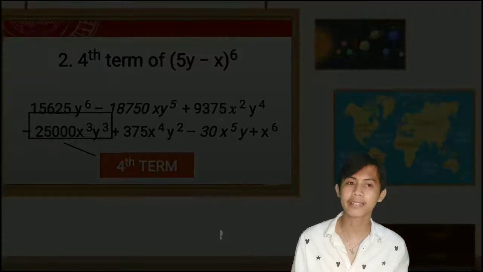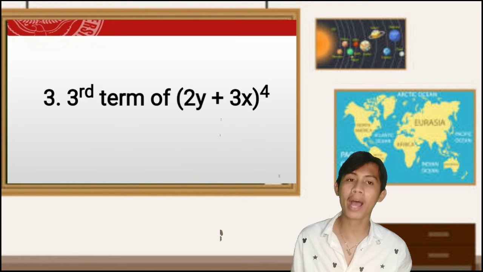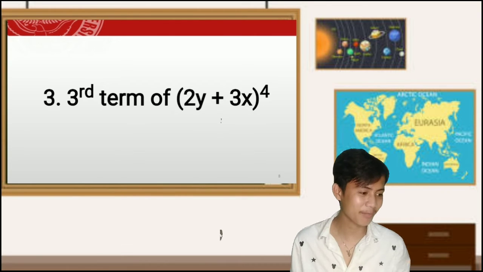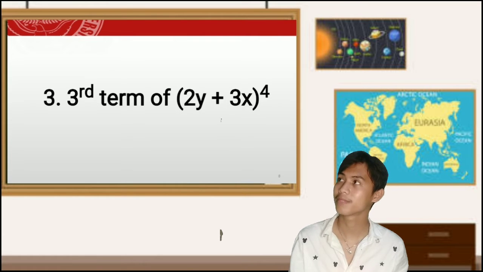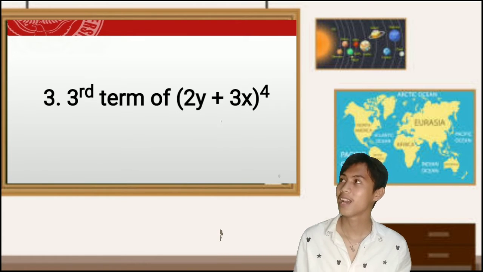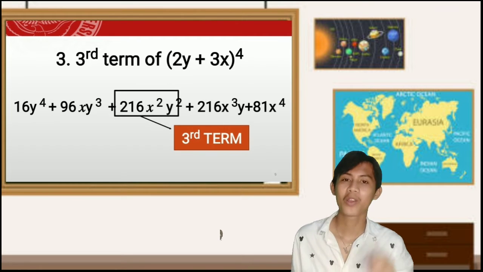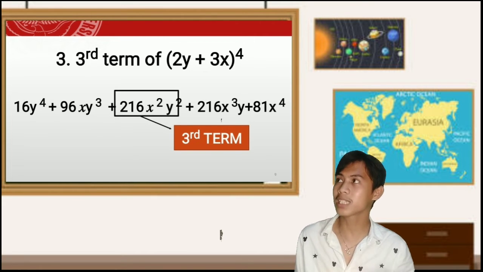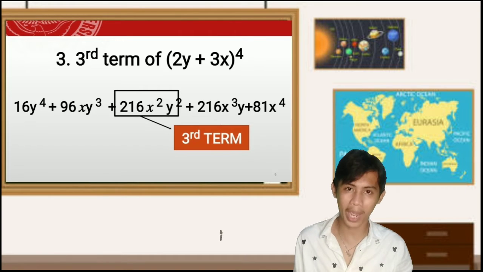Then number 3. What is the third term of (2y plus 3x) to the power of 4? Yes, bird. Very good. So, the third term is positive 216 x squared y squared.